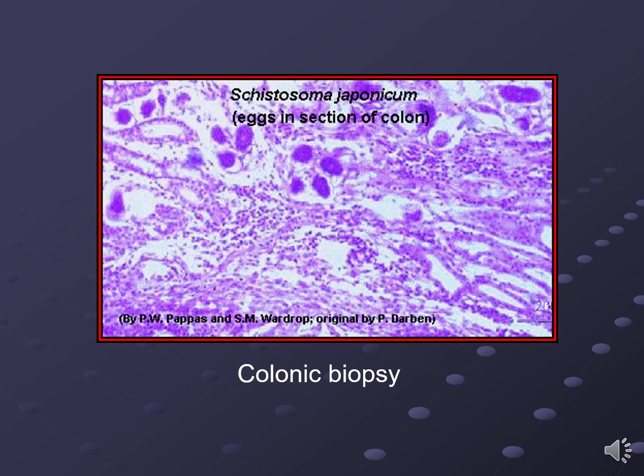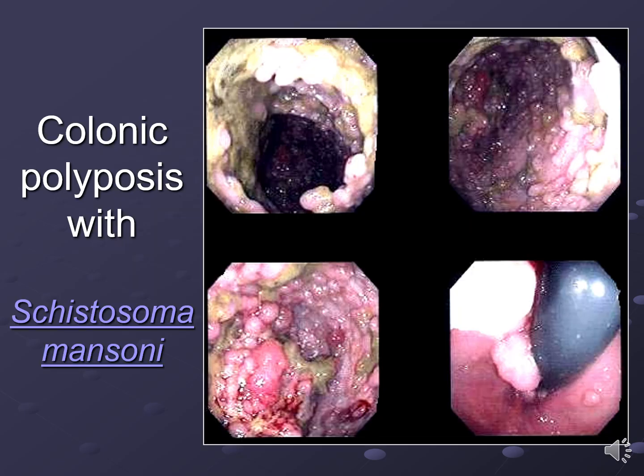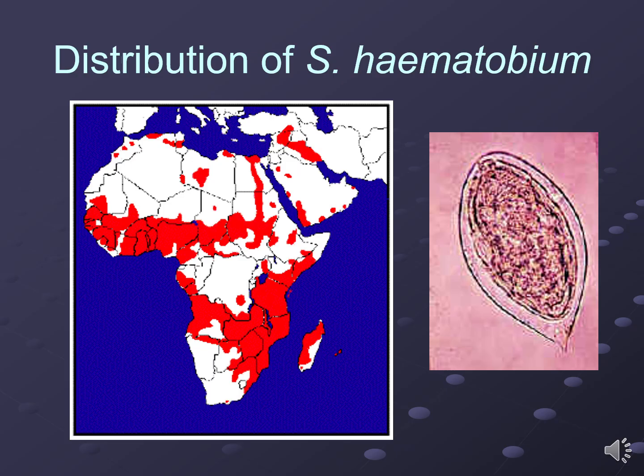Those are the eggs of Schistosoma japonicum in the colon, and the tiny dark dots are the inflammatory cells, the nuclei of white blood cells. In the colon as well, we mentioned polyposis, and here you can see it at colonoscopy. The black structure over the right side, right lower corner, is actually the scope itself, not anything else.